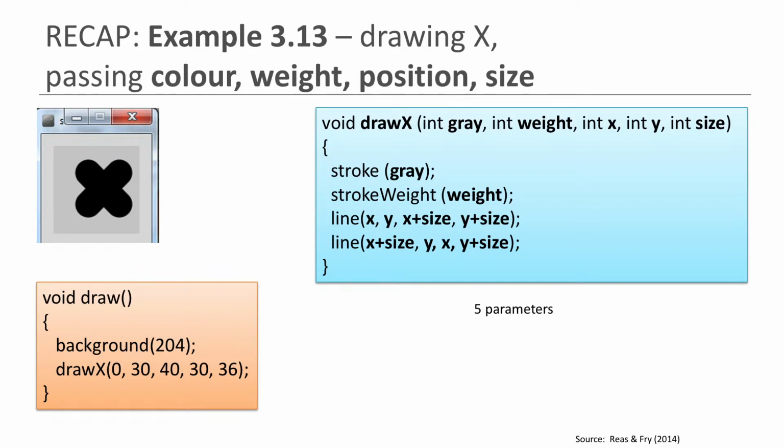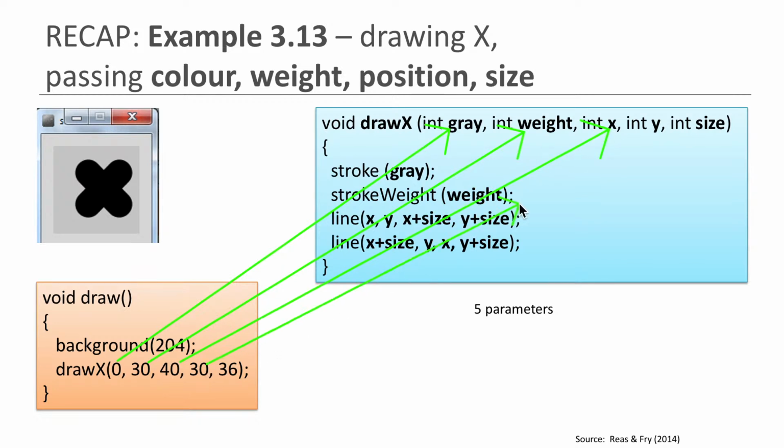Main point is when we're using methods, that when you have parameters, and you call the method, so we're calling draw X, the 0 here is going into grey, and the 30 is going into weight, the 40 is going into the X, the 30 into the Y, and the 36 into size.